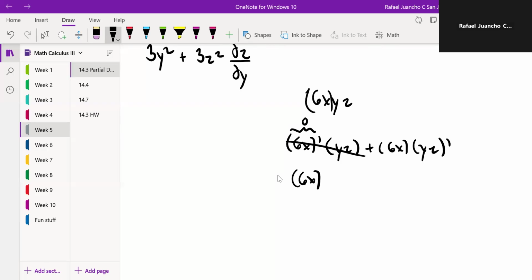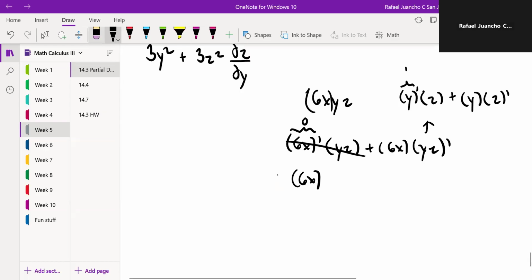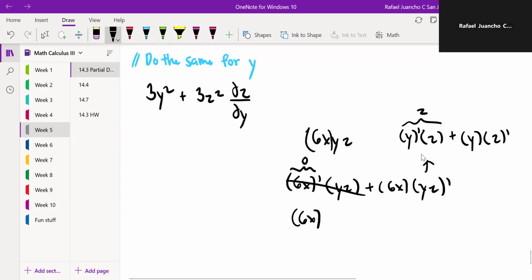Yz, on the other hand, now we can do another product rule again. The derivative of y is 1, right? So this is 1. So I have z plus, here I have y.